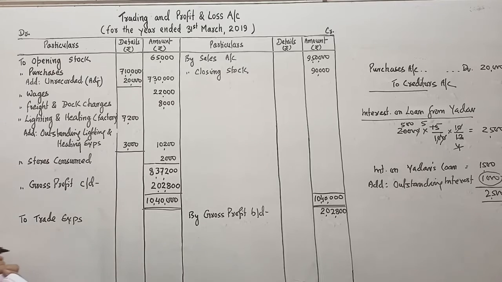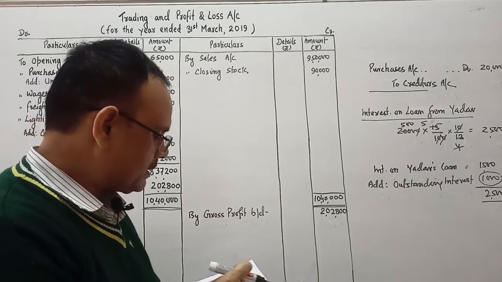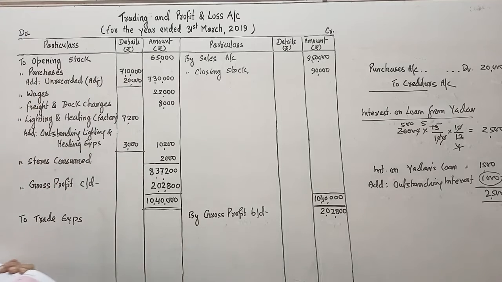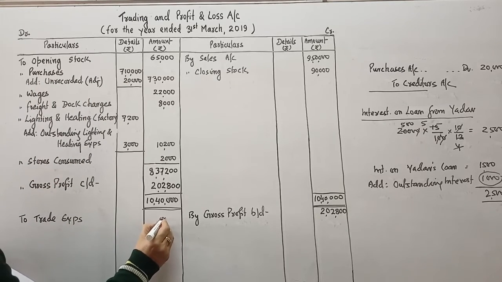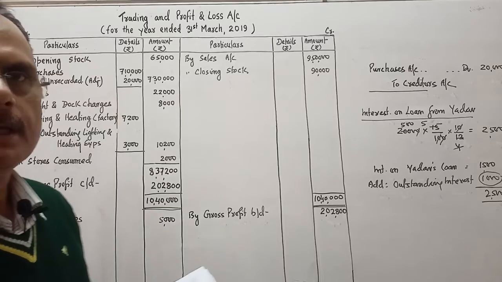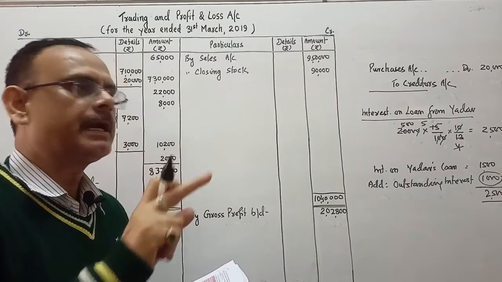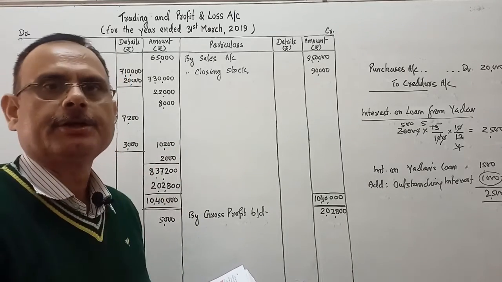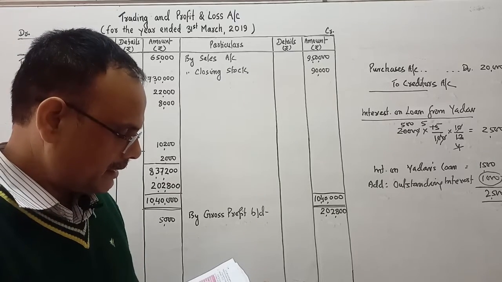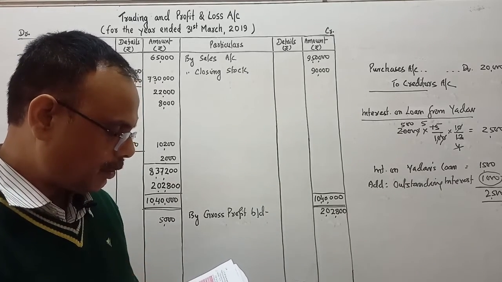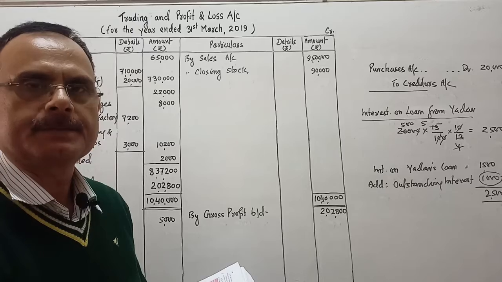So you see the debit side of the trial balance. After wages you see the trade expenses is 5,000. So write it directly in the outer column, 5,000. There is no adjustment related to trade expenses. There is one piece of information given regarding trade expenses in the credit side of the trial balance, that is, trade expenses accrued but not paid, outstanding trade expenses.